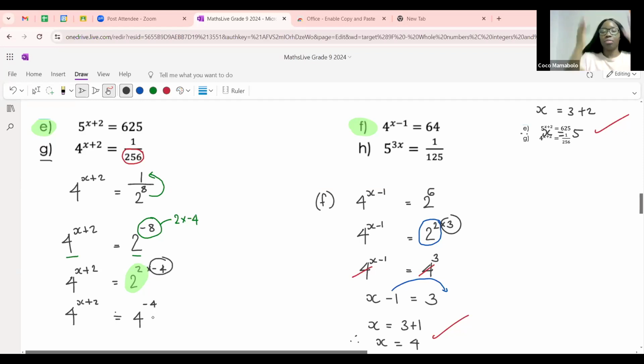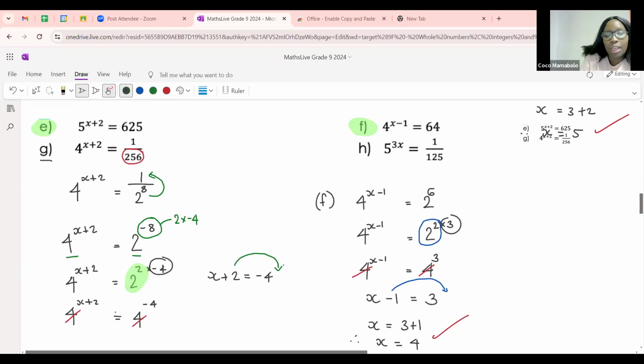And now I can drop my bases, and then I can make my exponents equal. I'm then going to get x plus 2 is equal to negative 4. And now I can solve for x, right? I'm just going to take the positive 2 over to the other side.